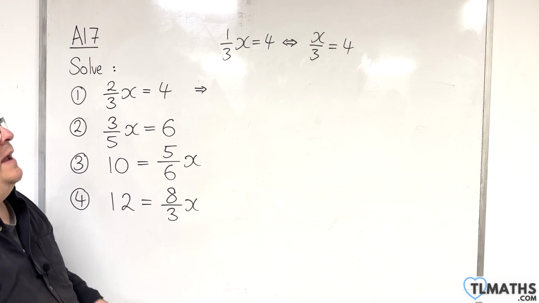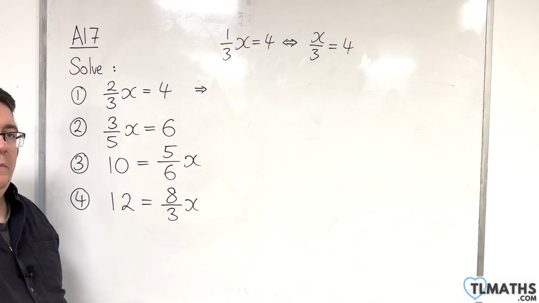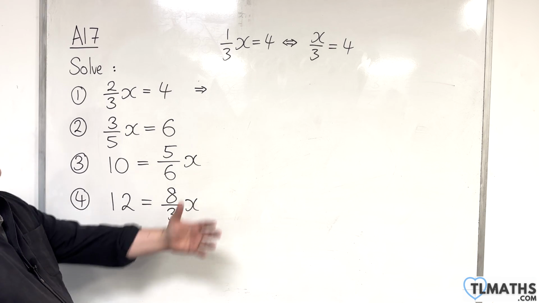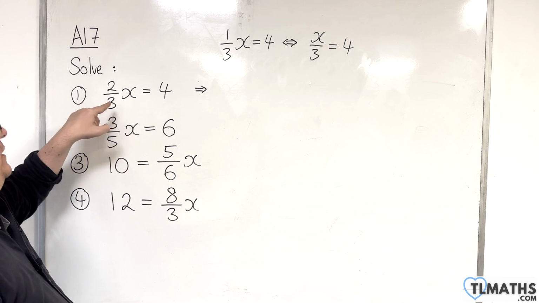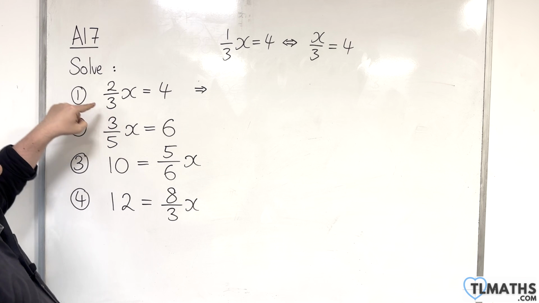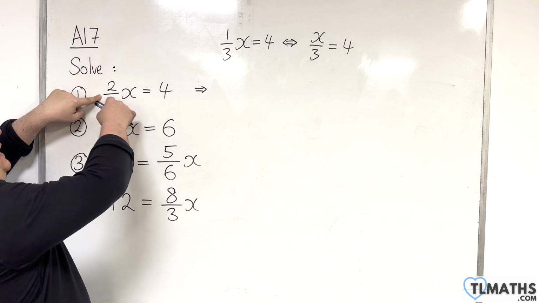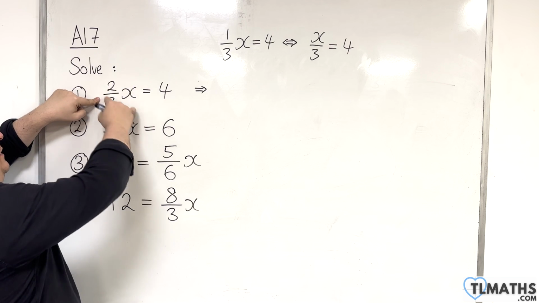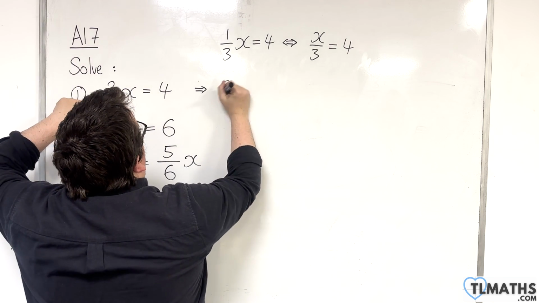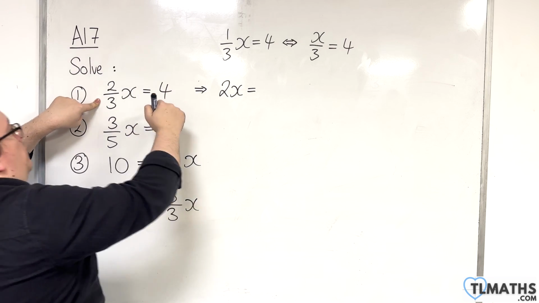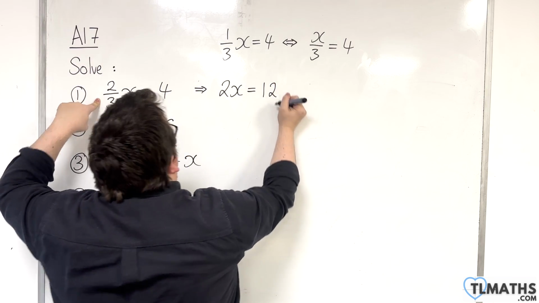So the first step is to multiply both sides by 3, and that gets rid of your fraction. So you could do that at this stage here. So you could multiply both sides by 3. If you do that to the left-hand side, we're going to be left with 2x. And if we multiply the right-hand side by 3, we get 12.